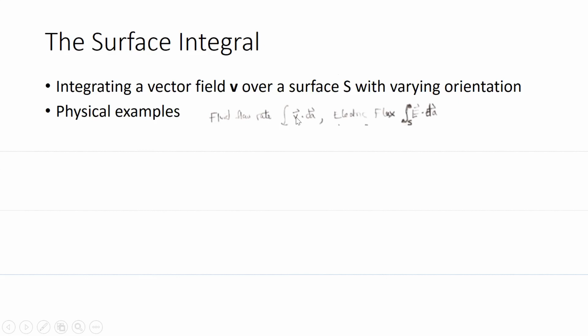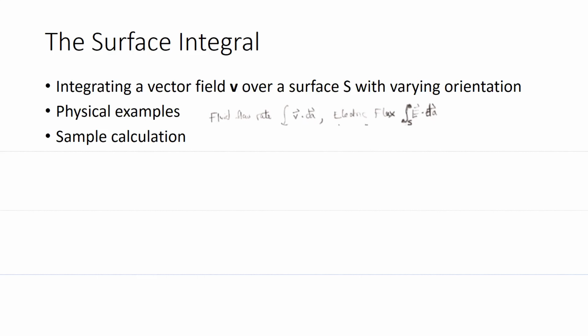If we have a fluid flow V as a function of space, the surface integral of the fluid flow over an area will give us the total fluid flow rate out of that area, because the velocity times the area is equal to the rate of fluid flow. And then the electric flux that you're familiar with, the integral over the surface of the electric field dotted with the dA that we talked about with Gauss's law a couple classes ago.